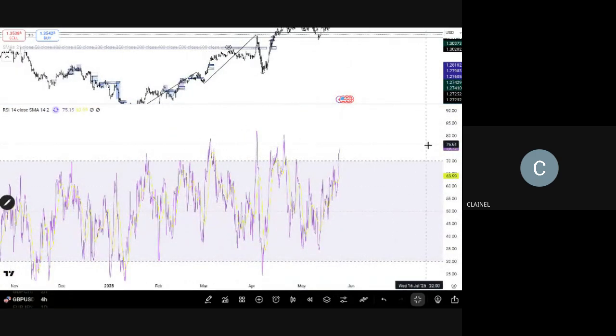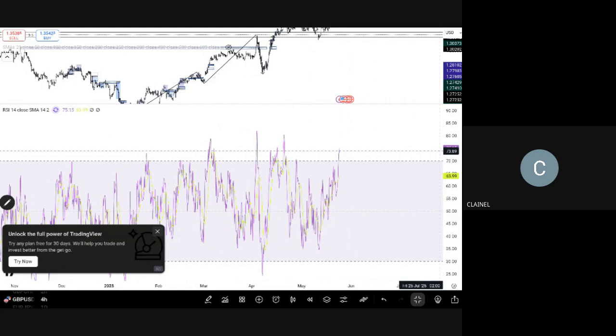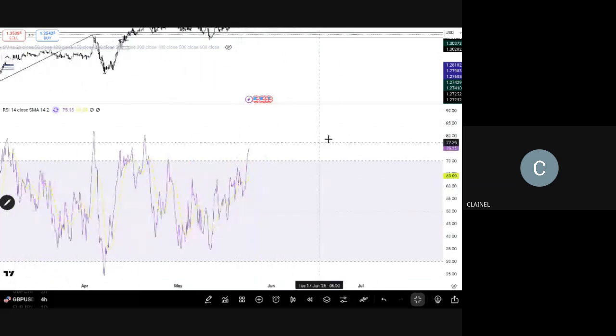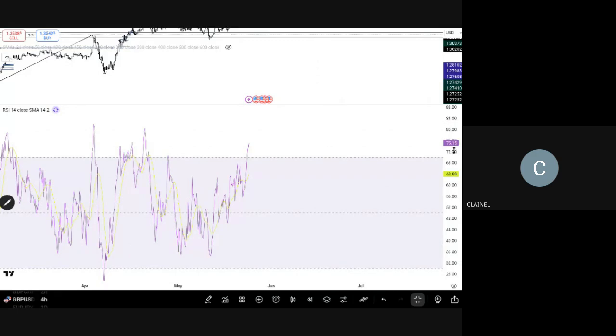Here in this purple zone, we have the relative strength index, where we're looking out for this purple color, this 75.15.